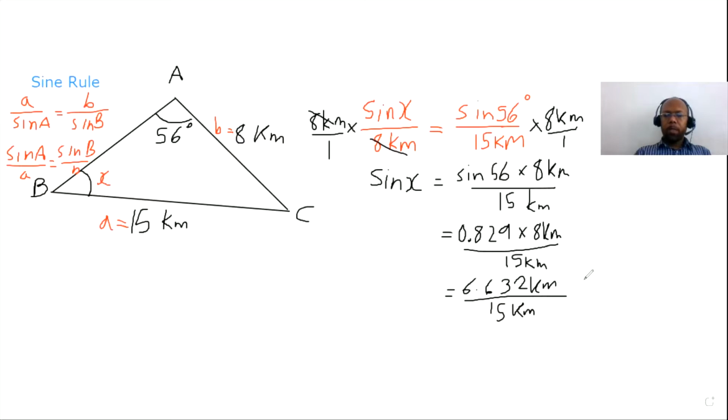Then yes, one would stay, because we would actually have km times km.